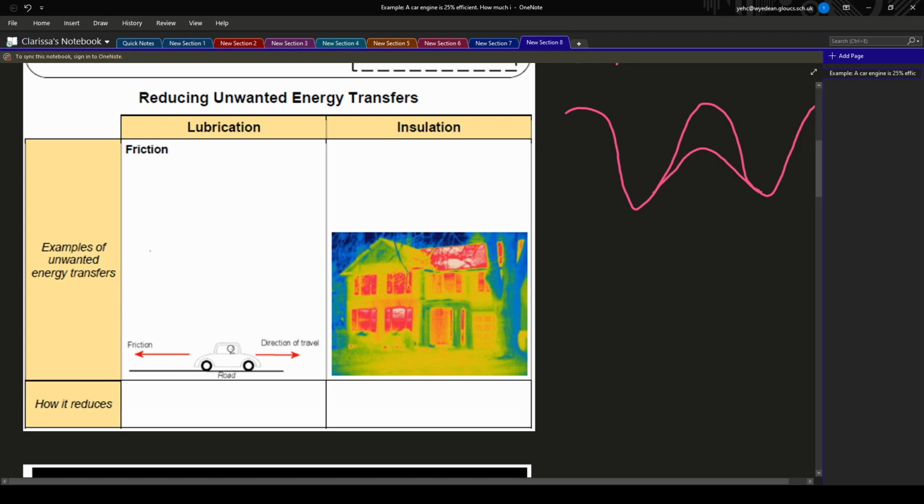So for example, friction leads to heat loss. A lot of energy can be lost due to friction.